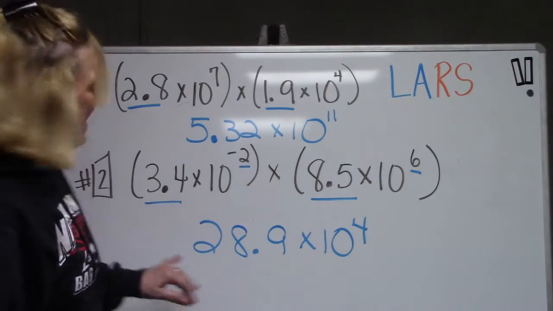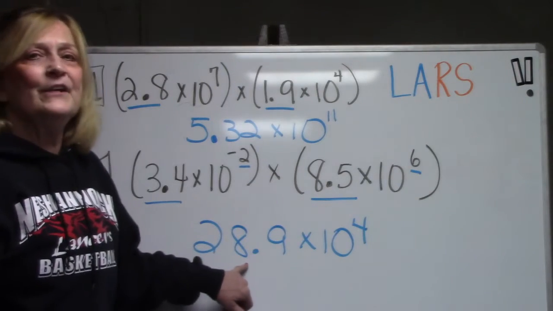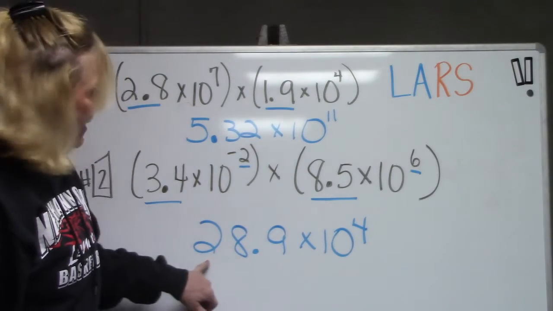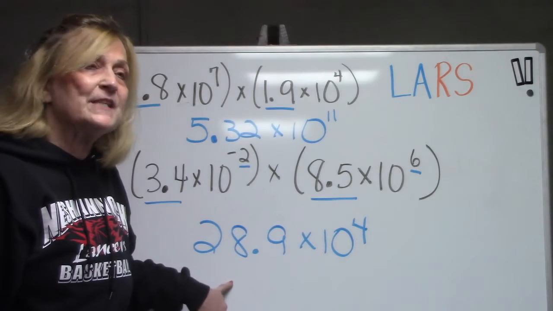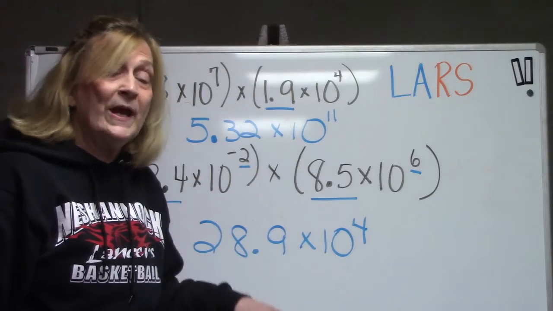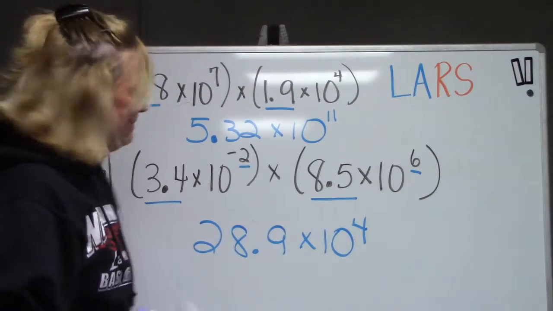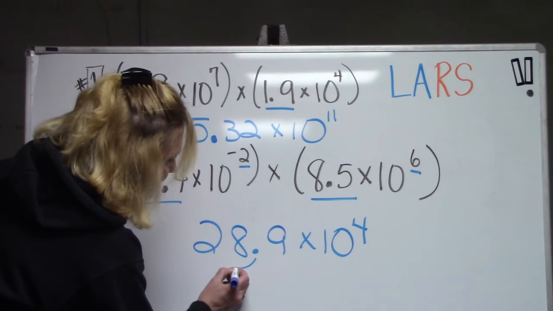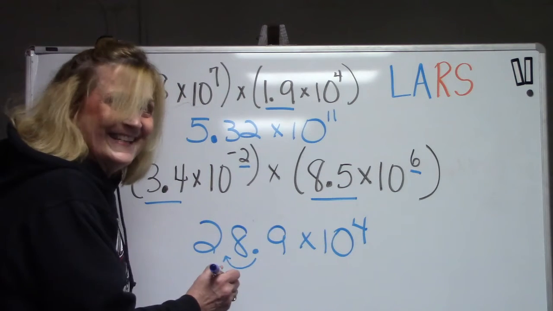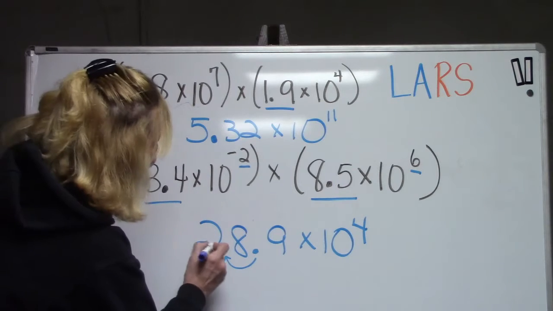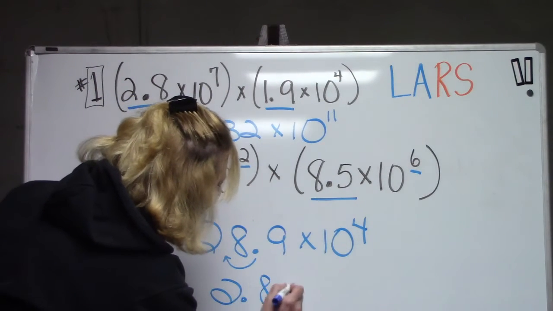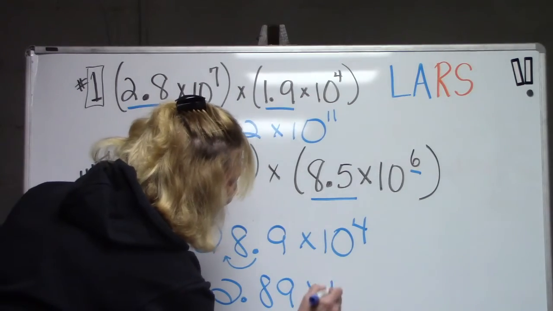No, because I have 2 digits before my decimal, and I'm not allowed to do that. What is before the decimal has to be between and including 1 to 9. So I'm going to need to move my decimal over, did you guys hear that squeak? That's annoying. Over 1 space and get 2.89 times 10.